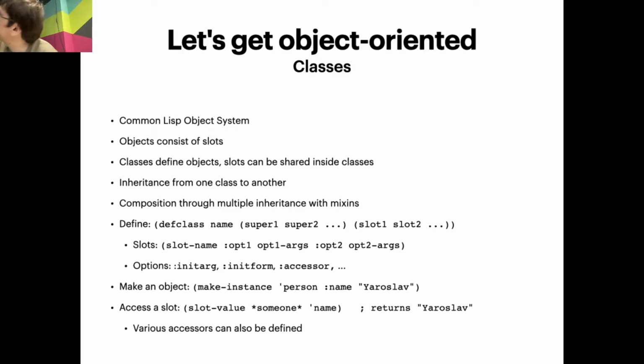So we have objects. They consist of slots, or members in other terminologies, and classes define objects. Slots can be shared within a class between members of that class.